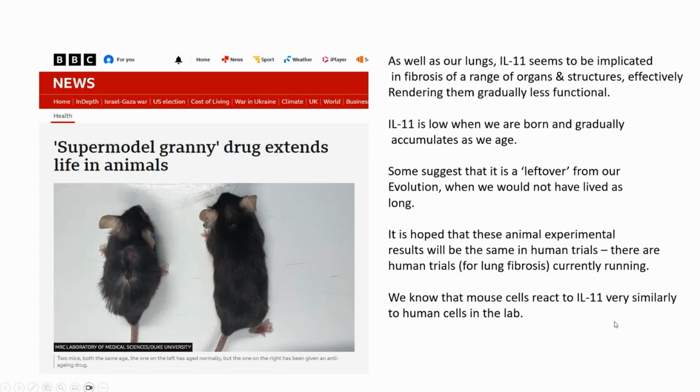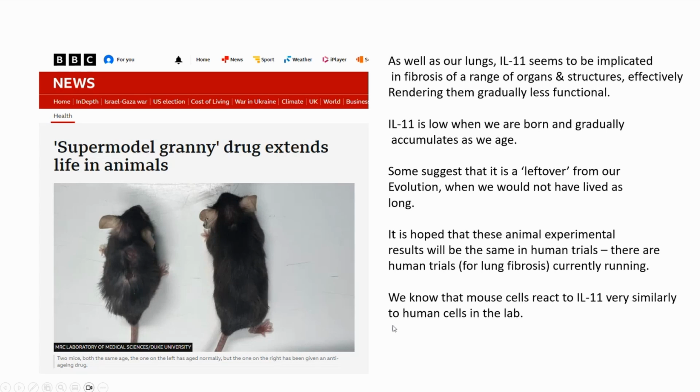This work was done on mouse cells before they gave the mouse the anti-IL-11. They tried it on mouse cells first, and they measured certain reactions, and it had that effect.